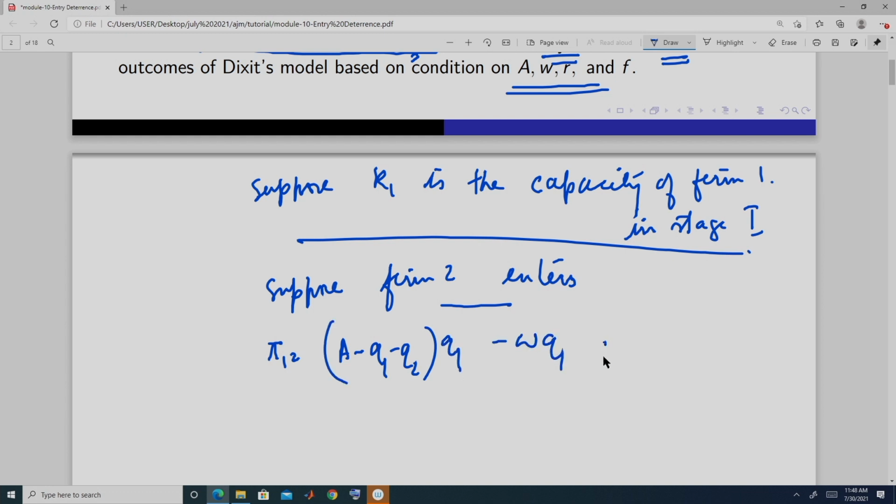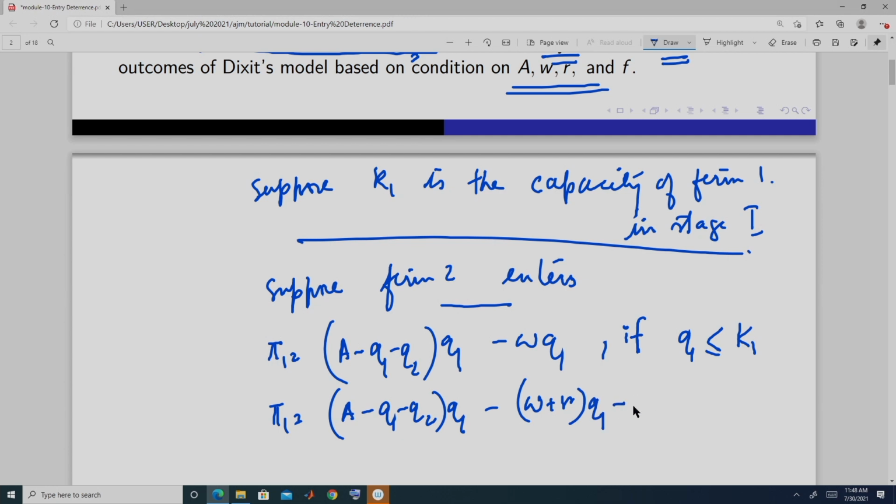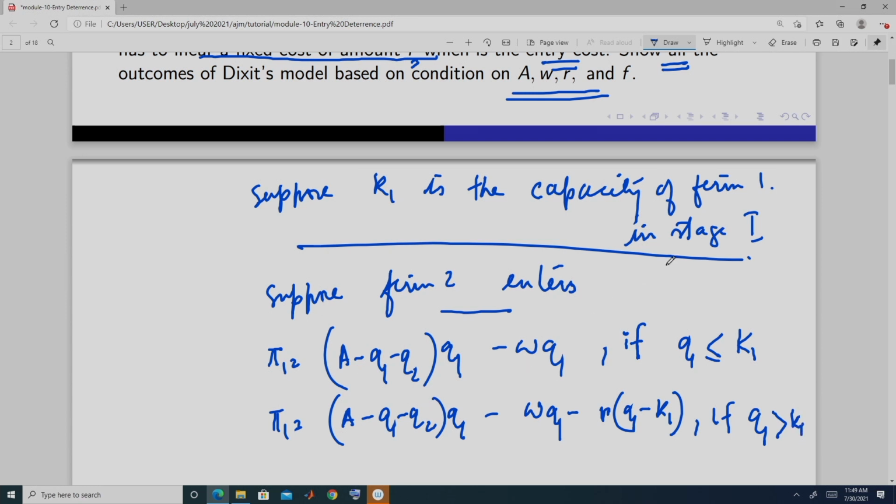this, if Q1 is less than or equal to K1, and otherwise it is this, because the expenditure on the capacity is already borne in stage 1.